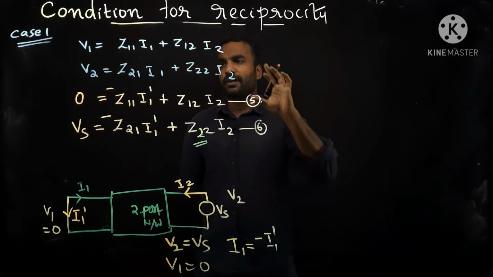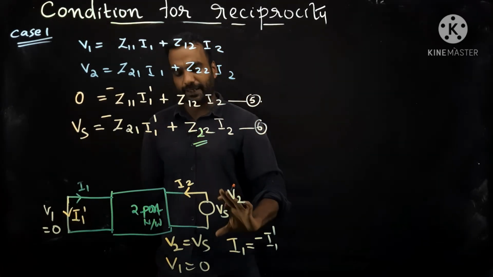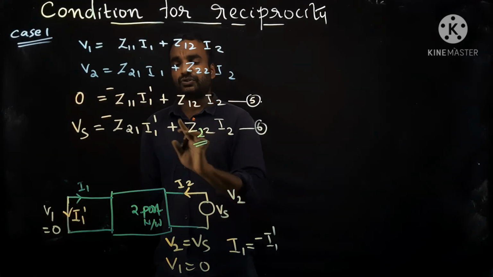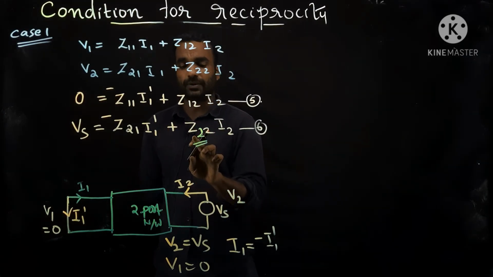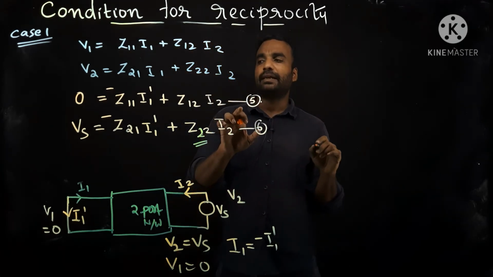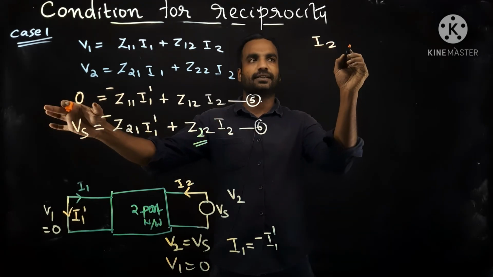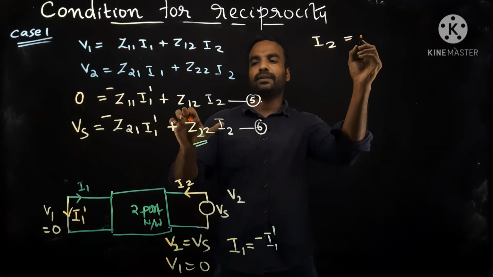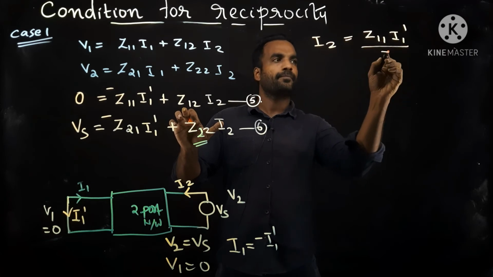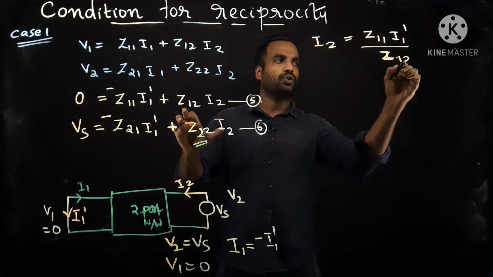Okay, from this equation, now I substituted all the terms from the new circuit. So this is Z22. Please mind this is not Z12, it is Z22. Now I am going to take I2 from equation number 5. So move this to the right side and cross multiply. Then I2 will be Z11 I1 dash by Z12.